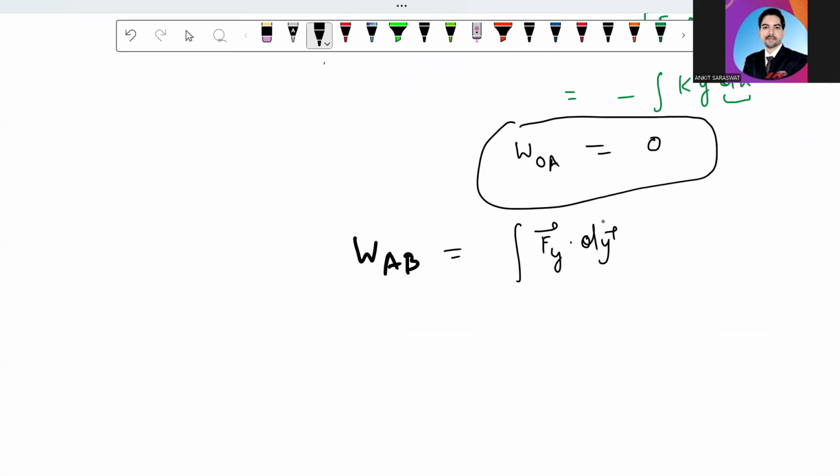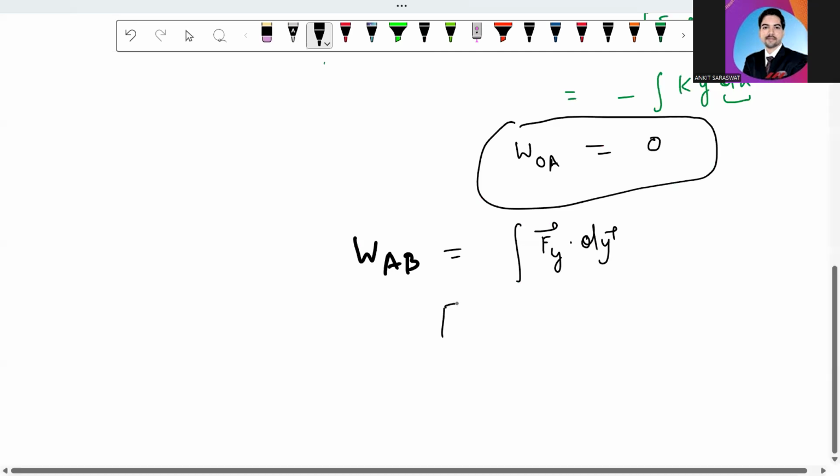If you look carefully, Fy is what? Fy is Kx j. You can write Kx as its magnitude. Direction is along minus j.